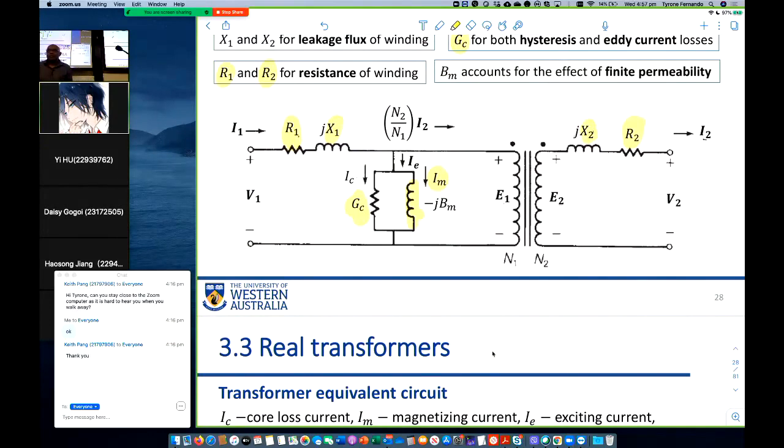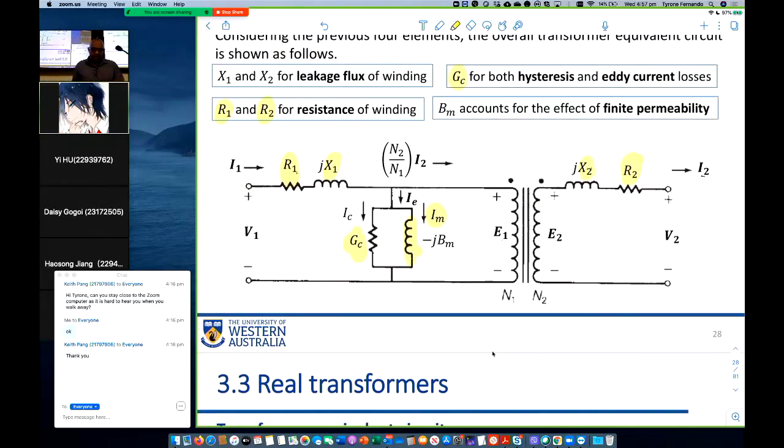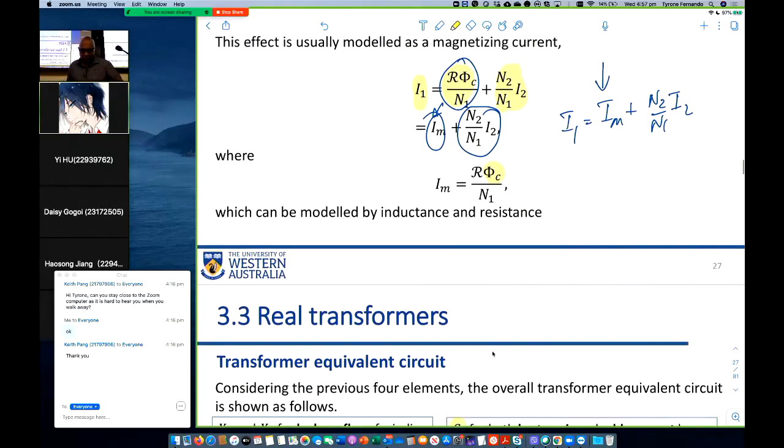So BM accounts for the effect of finite permeability. Permeability is not infinite, it's finite, so the reluctance is non-zero, and that gave rise to this term here.